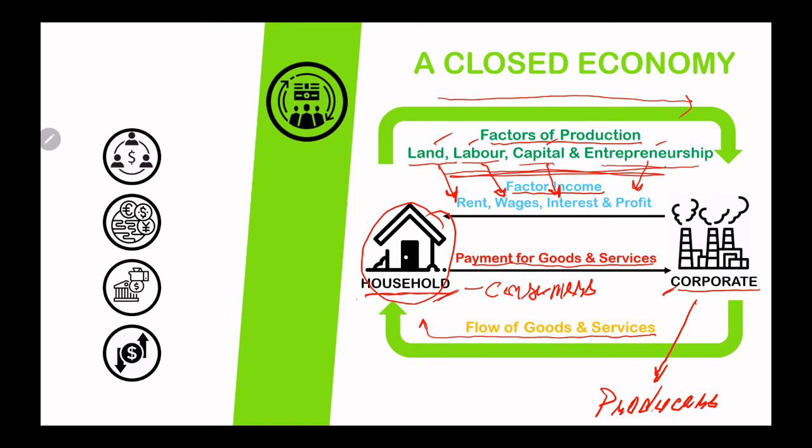But in reality, we don't have a two sector economy, because we cannot assume our economy without the presence of a government. And while we are discussing this closed economy, this idea was generated by Adam Smith, the great economist, the father of economics.